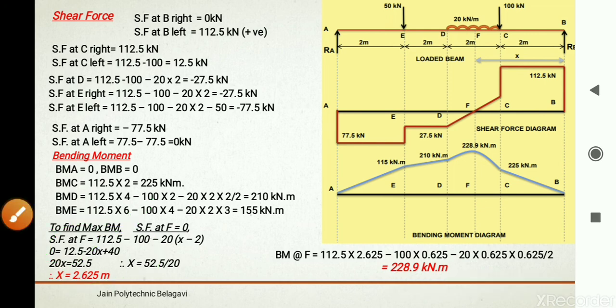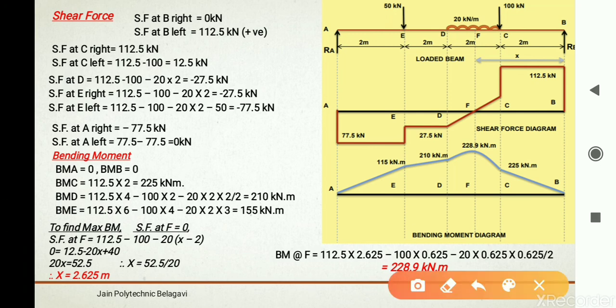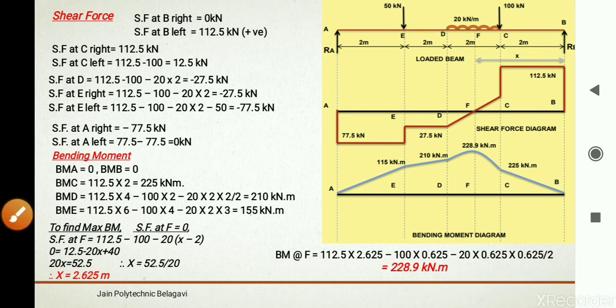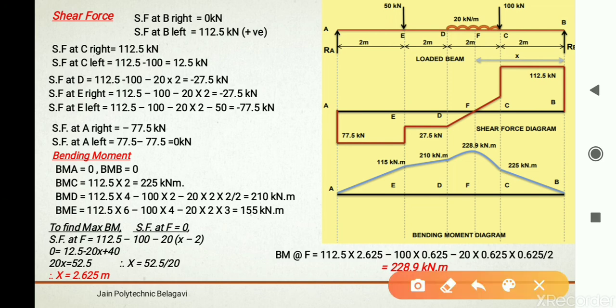So assuming that the maximum bending moment is acting at X distance here, you can see in the drawing from reaction B, it is acting somewhere at X distance. So taking moment at that particular X section, reaction B into X distance, minus 100 into X minus 2. It is clearly mentioned here.